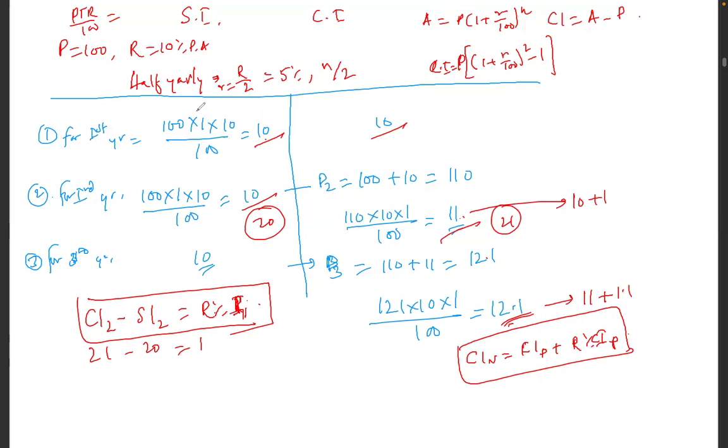Now, if interest is calculated quarterly, then what will happen? R is equal to capital R by 4 and N is equal to 4. Okay, time period will become 4 times.